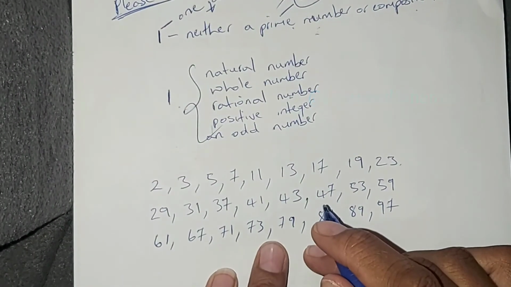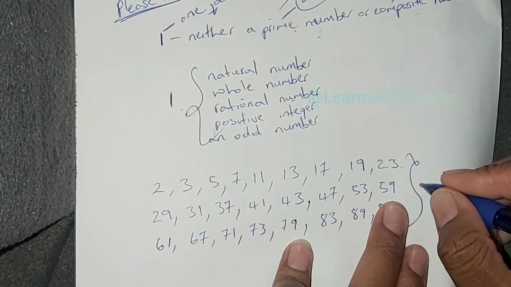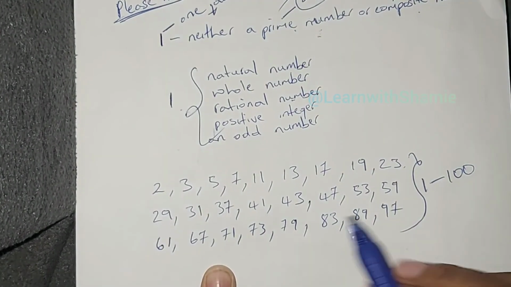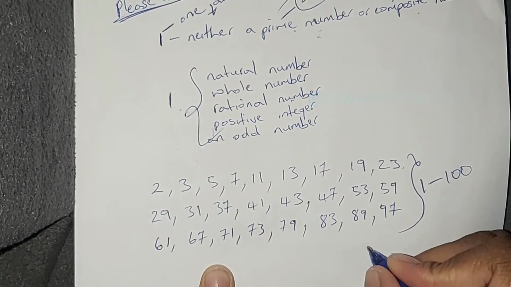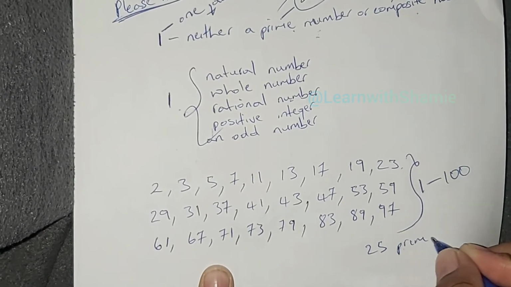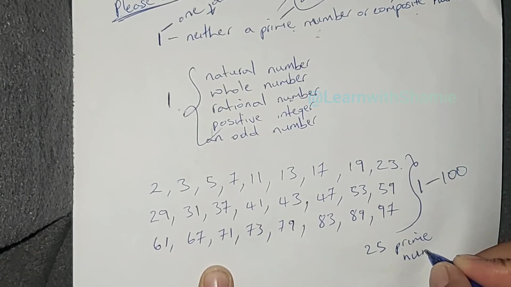Right here you can see I have a set of prime numbers between 1 and 100. Did you know there's only 25 prime numbers between 1 and 100?